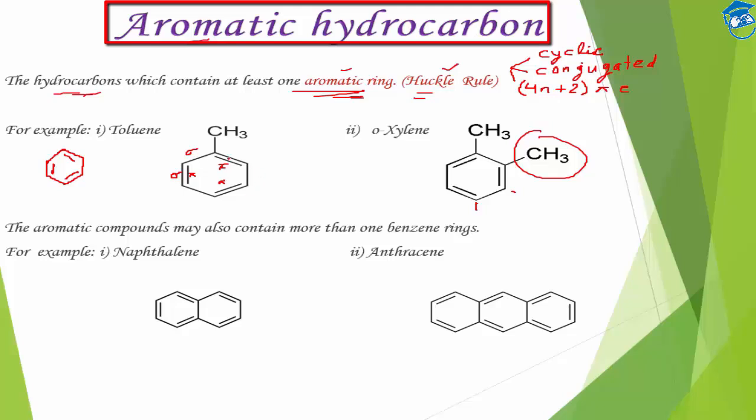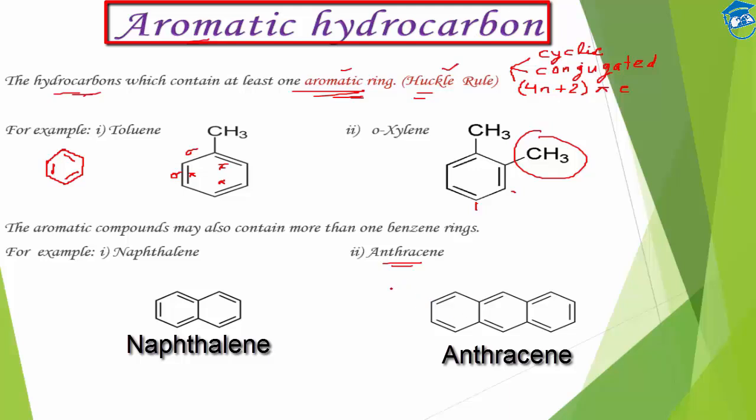So this was one type of aromatic ring in which benzene was there. Similarly, we can have aromatic compounds in which there can be more than one benzene ring. For example, naphthalene, where 2 benzene rings are fused to each other. Similarly anthracene, where 3 benzene rings are fused to each other.